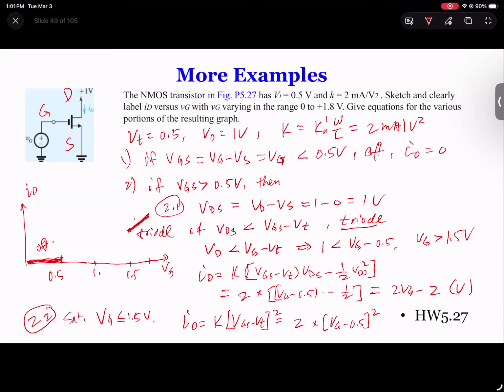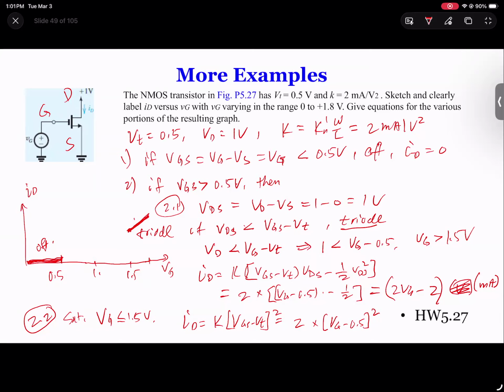So this is milliamps. At 1.5, it has to be larger than 0.5 for the device to be conducting.